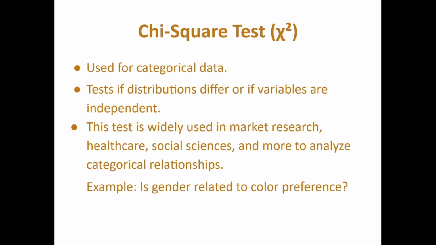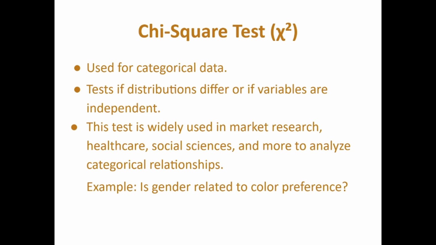Observed means the actual frequency, and expected means the theoretical count. So to compare the frequencies of these two, we can take help of chi-square.